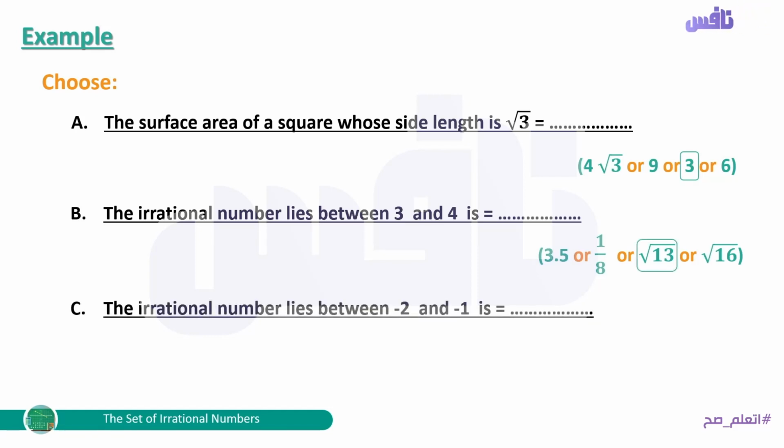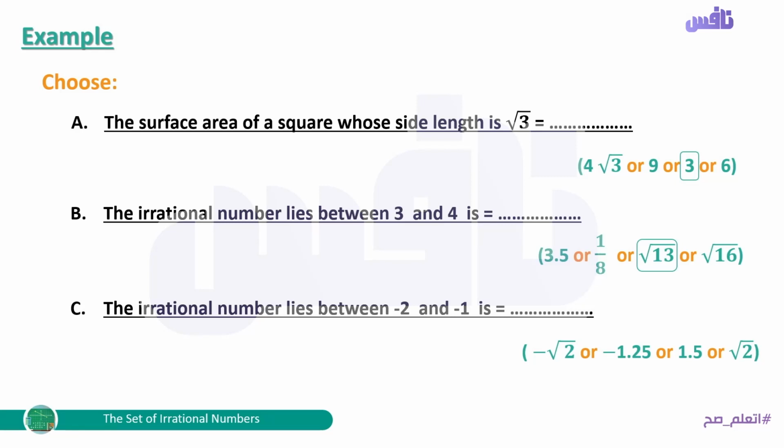Letter C. The irrational number lies between -2 and -1 is برضو اوعى تغلط وتختار -1.25 لأن required is irrational number. Okay? And we have two negative numbers, the -2 and the -1. Okay?